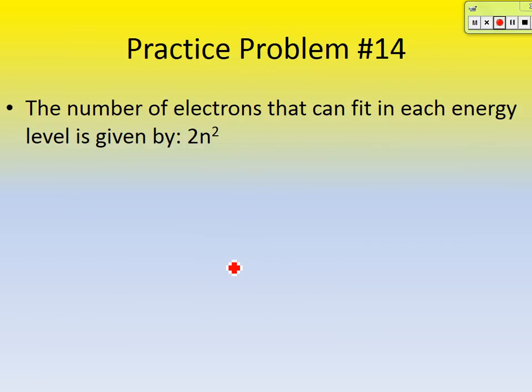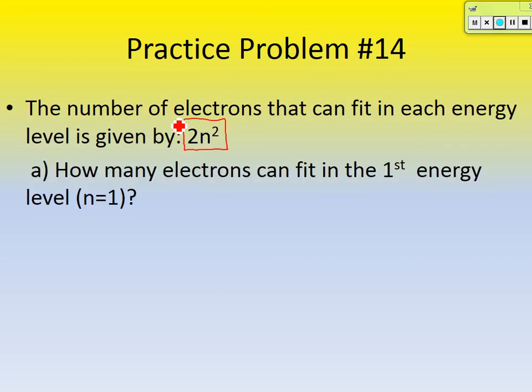Okay, practice problem number 14. I hope that you're following along with your guided notes. The number of electrons that can fit in each energy level is given by this formula, 2n squared. Part A says, how many electrons can fit in the first energy level? n is equal to 1 is the first energy level.